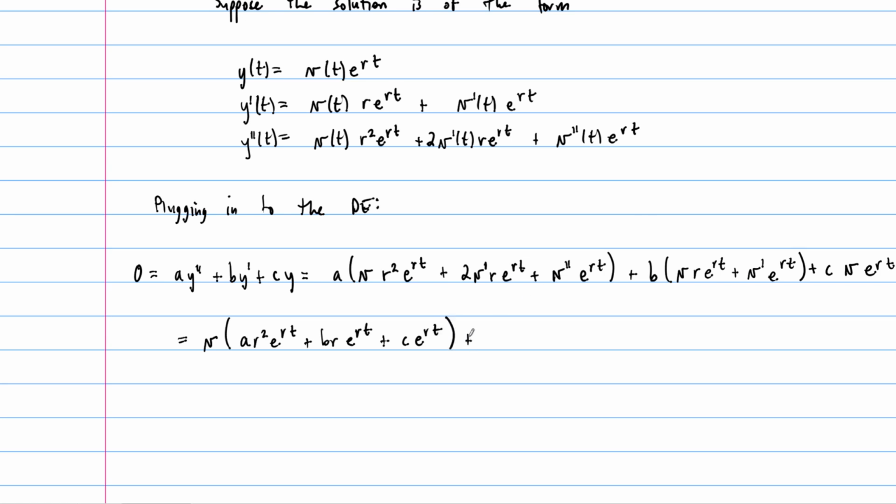And then we have the v prime. I want to factor this v prime out. So the v prime coefficients are going to be 2a r e to the rt, plus b e to the rt.